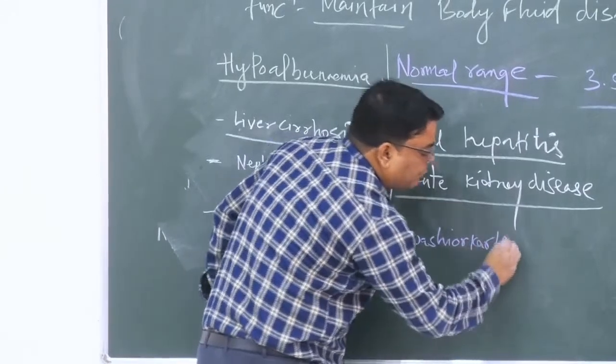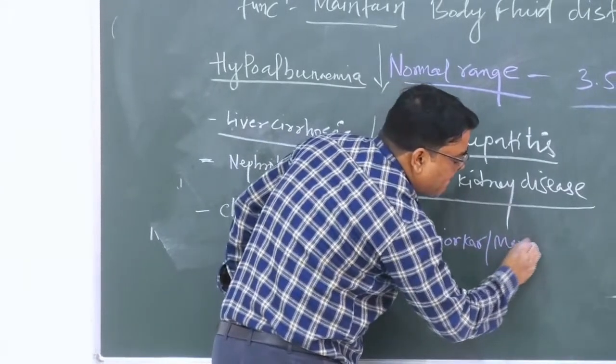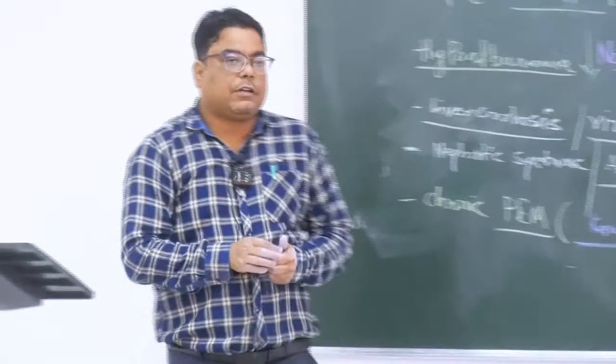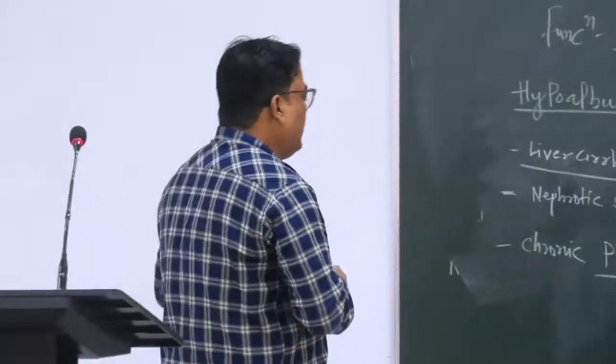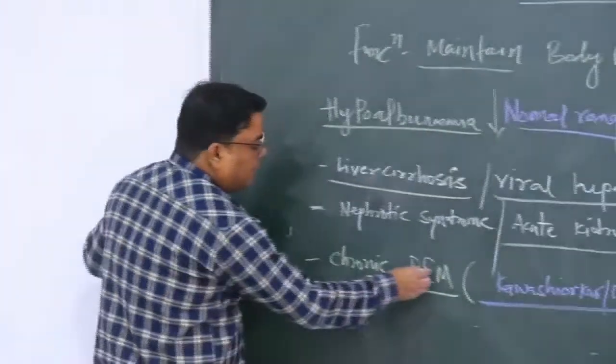Second one is marasmus. These are the prime symptoms of these two diseases, where intake of protein is very low, either by the mother or by the child. We will discuss all the details about protein energy malnutrition in the nutrition topic.